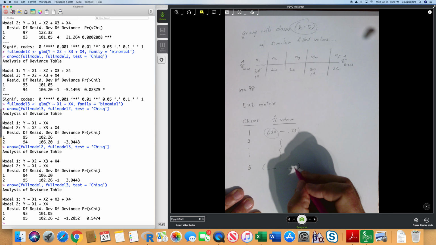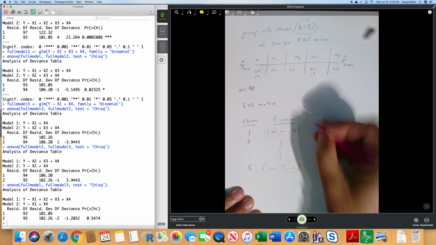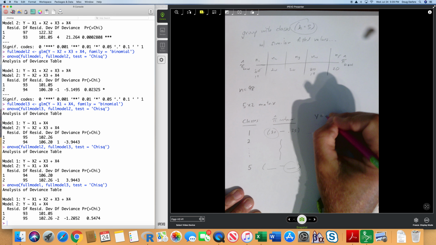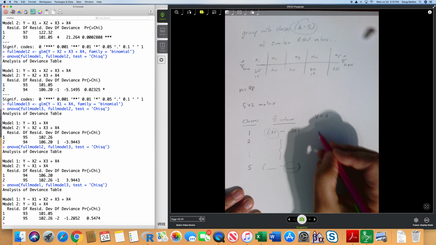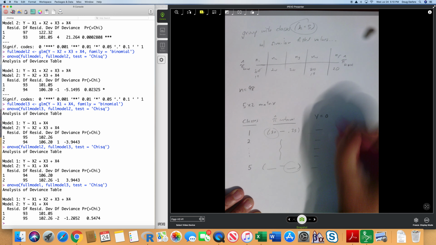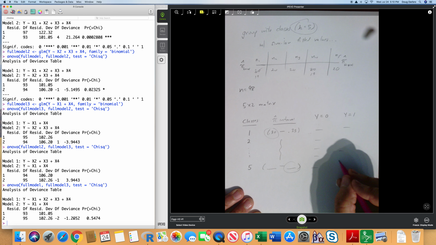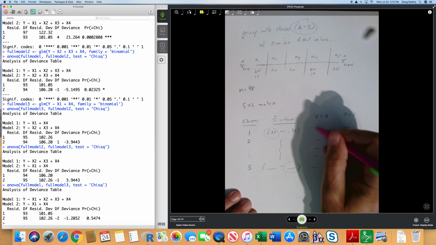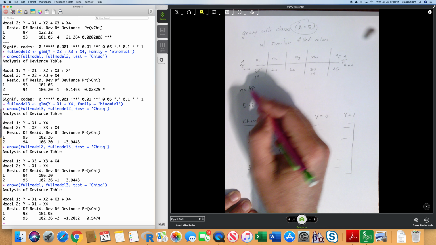Now the next thing we do is we come in and look at our y equals zeros. How many of these fell in these classes? And then we look at our y equals 1s and we find how many fell in these classes. Well, then what we do, as I said earlier, if we have 5 classes, we create a 5x2 matrix. This is called our observed matrix.